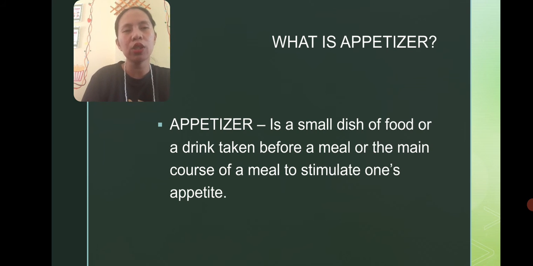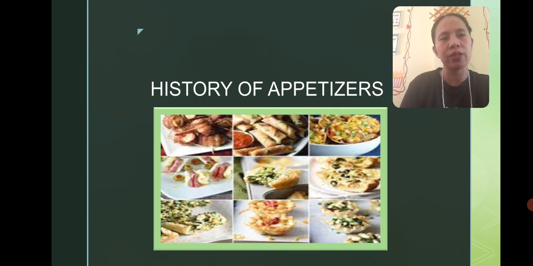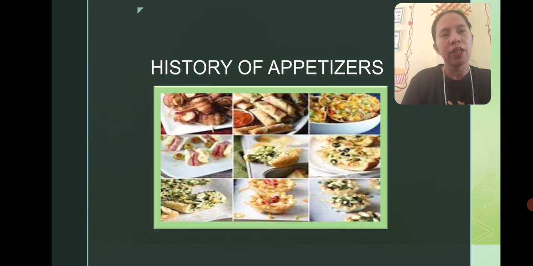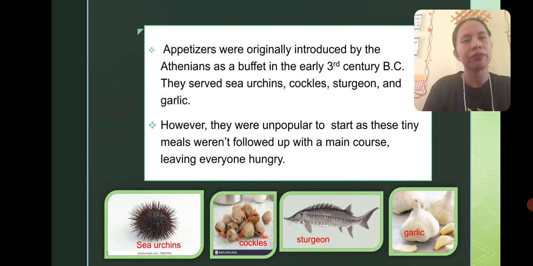Appetizer is a small dish of food or a drink taken before a meal or the main course of a meal to stimulate one's appetite. The history of appetizers. Appetizers were originally introduced by the Athenians as a buffet in the early 3rd century BC.